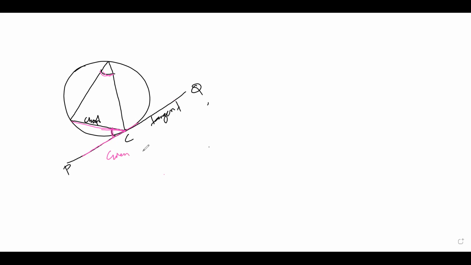So you are given that PCQ is a tangent, with a chord BC, and then point A, and point A is on the major segment.